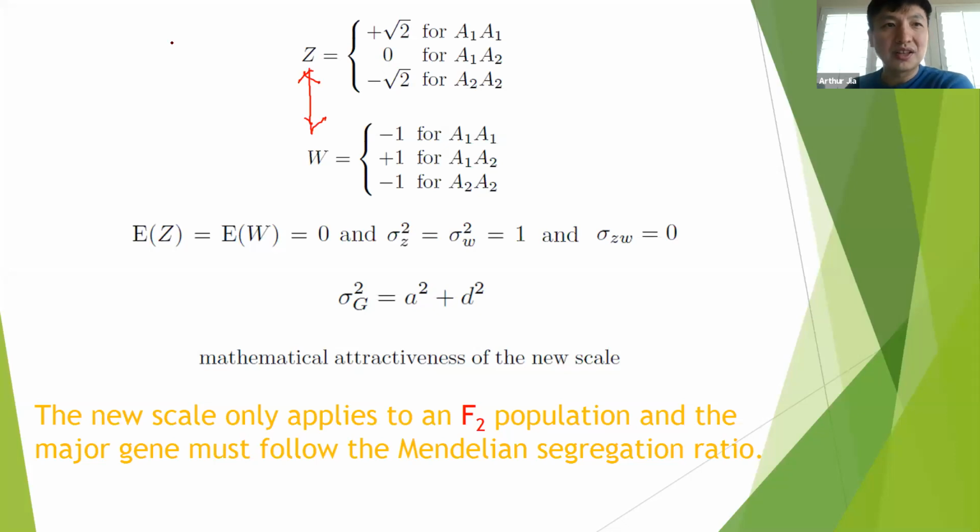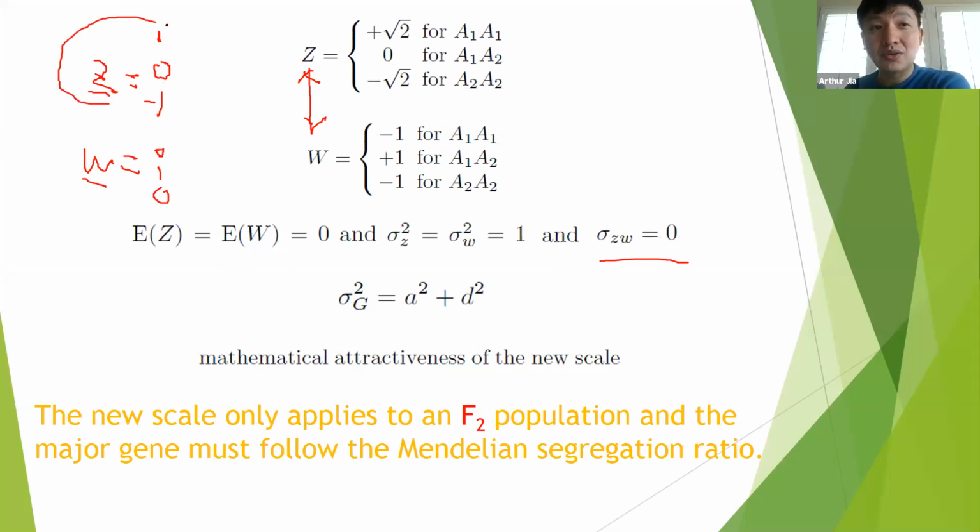So either you use 1, 0, minus 1 for Z and 0, 1, 0 for W. This is another way, right? We can show either way gives you the covariance between Z and W equal to 0. This makes sense, and since these two are independent, as long as we choose the way that shows the biologically meaningful relationship between the three genotypes, that's fine.